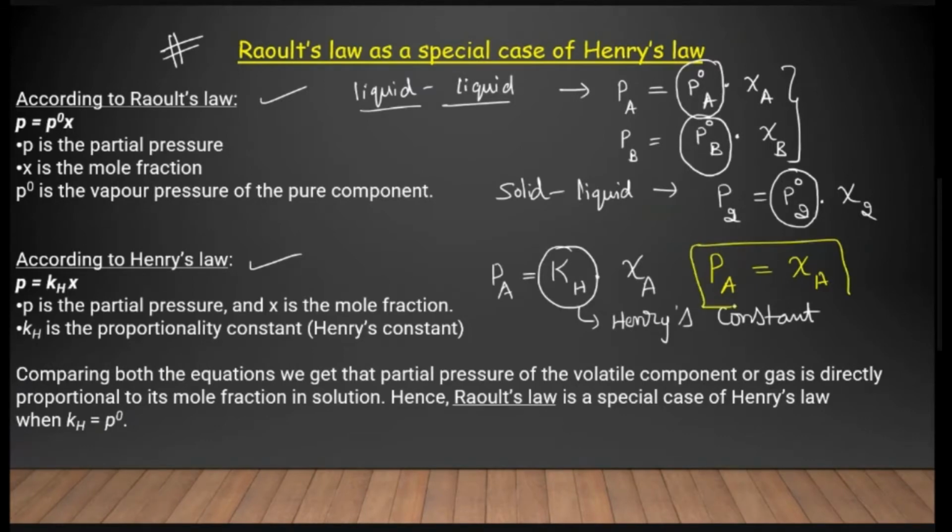This is going to remain the same, only the constants are different in both the cases. So comparing both the equations, we get that the partial pressure of the volatile component or the gas is directly proportional to the mole fraction. Hence Raoult's law is a special case of Henry's law, only the constants are different. Okay.